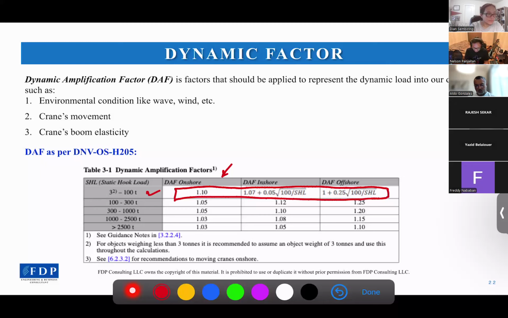And then 100 to 300 is here, 300 to 1000 here, 1000 to 2500 here, and more than 2500 is here. The bigger the static hook load, the smaller the dynamic factor. So yeah, that's how to choose the dynamic factor we are going to use.